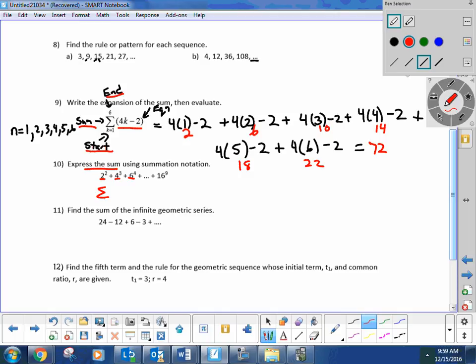Let's see if this is 4 to 2. Now, this sequence is constantly adding 2, so it's going 2, 2, 2, 2. So this is the d. If you wanted to find it using an equation, this d is 2.